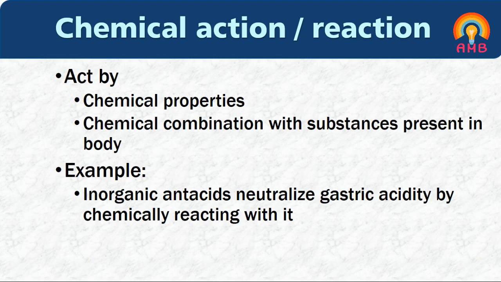Mostly these inorganic antacids are bases in nature, and they react chemically with the acid present in the stomach and neutralize that acid, and thus produce the antacid effect. So that is the chemical reaction action that can be produced by a drug. So these are the various principal drug actions.